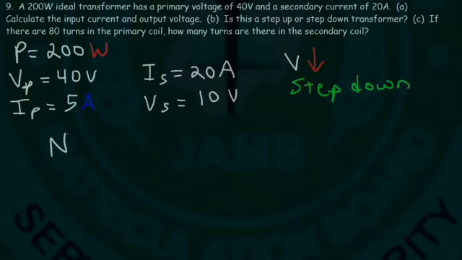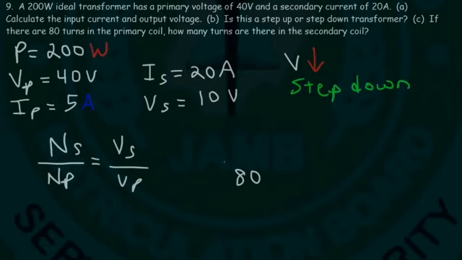Well, we can use the equation Ns over Np is equal to Vs over Vp. So the primary coil has 80 turns, that's Np. We're looking for Ns, the number of turns in a secondary coil. Vp is 40, Vs is 10. So let's cross multiply. So 80 times 10 is 800.